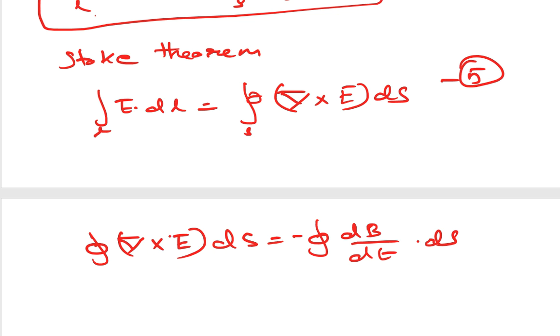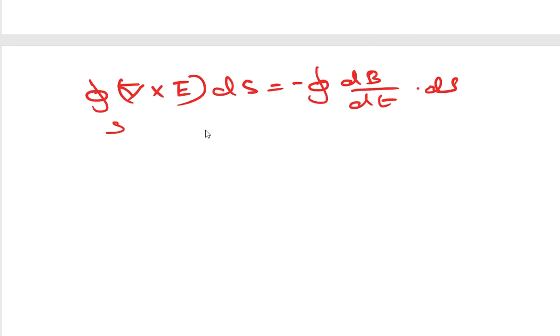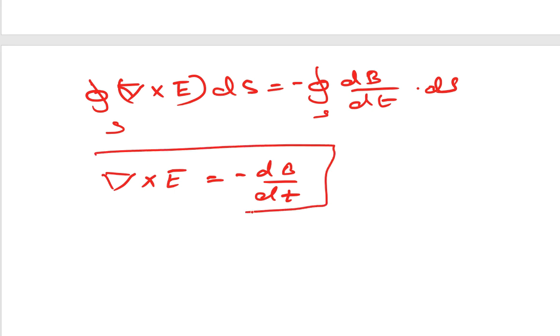Now, if you see both the sides, we have surface integral. So this will be valid for all possible limits, so we can cancel the surface integral. Finally, we'll get del cross E equal to minus dB by dt, which is the differential form of Maxwell's equation.